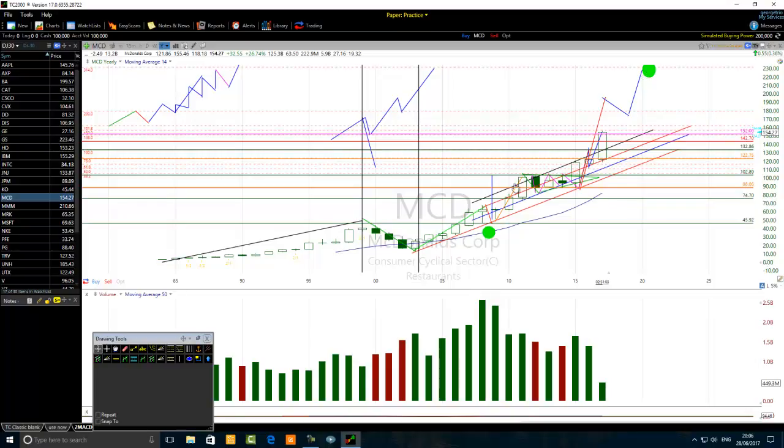No, from here 1, 2, 3, 4, 5 will constitute the third minor wave of the real third wave. It's a bit complex, so don't get too rigid with me, because this is a bit complex.